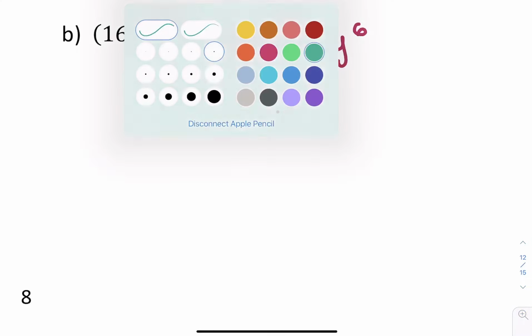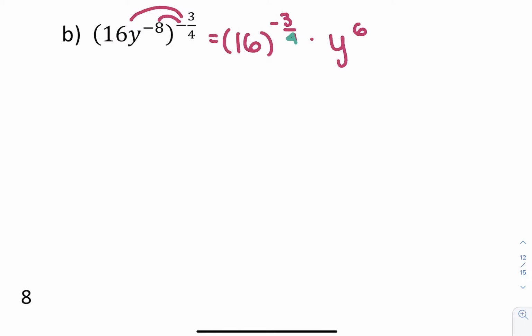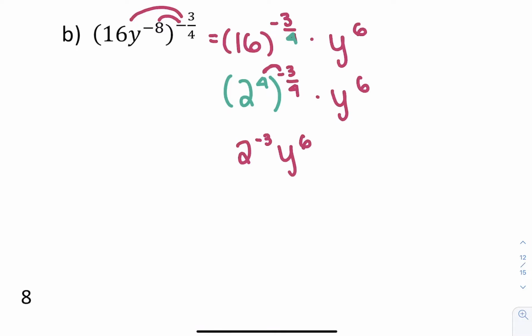If I look, my denominator is 4. Can I write 16 as something to the 4th? Yeah, I can write it as 2 to the 4th. Now this becomes 2 to the 4th to the negative 3/4 times y to the 6th, which if I multiply these, I get 2 to the negative 3rd, y to the 6th. 2 to the negative 3rd, I can put in the denominator as 2 to the 3rd. 2 to the 3rd is 8, so I get y to the 6th over 8.